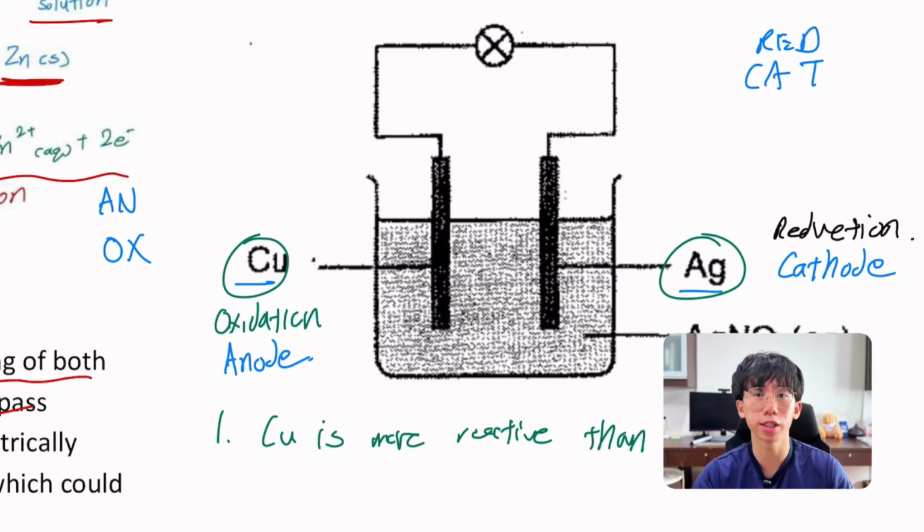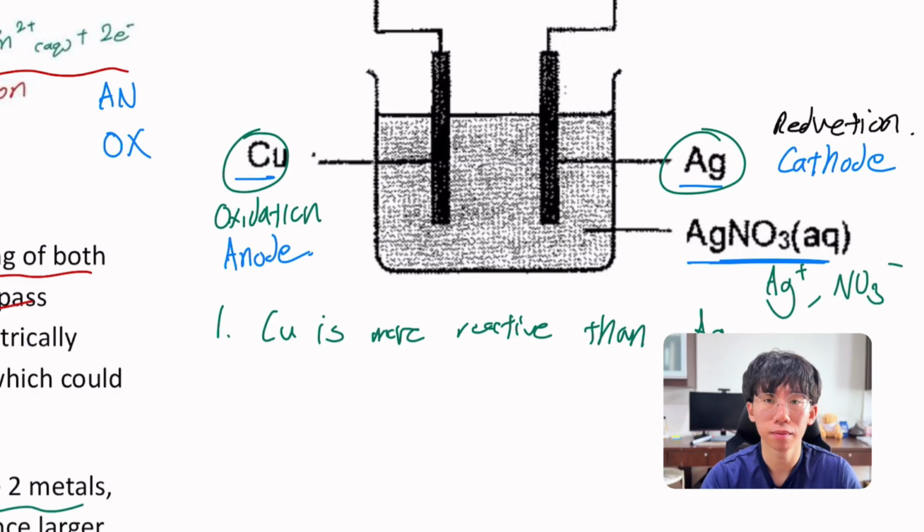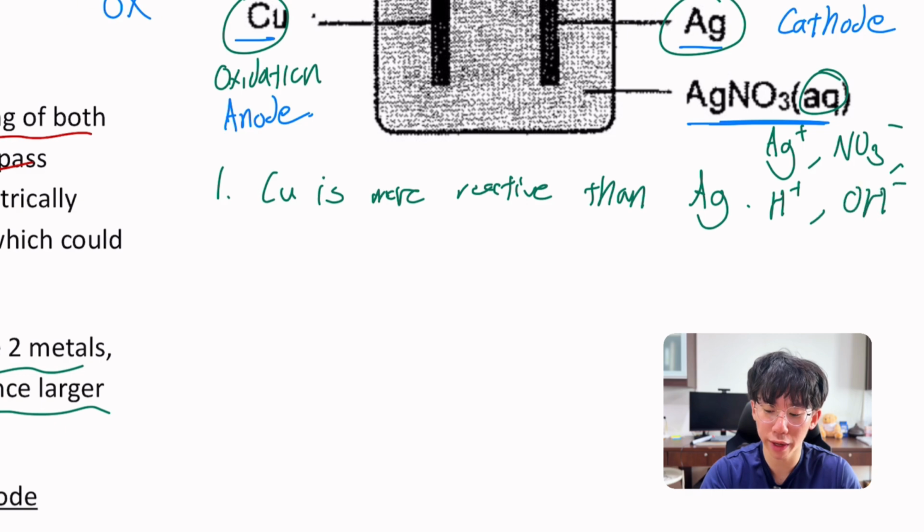Once we have identified which is the cathode and which is the anode, we now next need to identify the ions in the solution. So these ions are silver plus ion, NO3 minus ions, and because it's an aqueous solution, there's going to be water inside. So part of water is that there's going to be H plus and there's going to be OH minus inside this electrolyte.